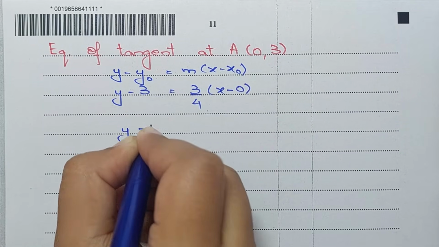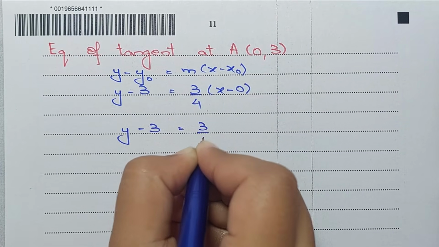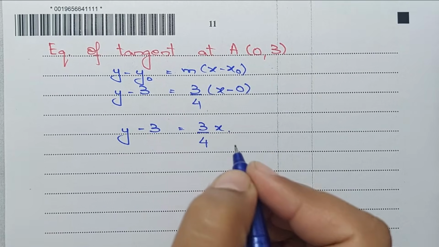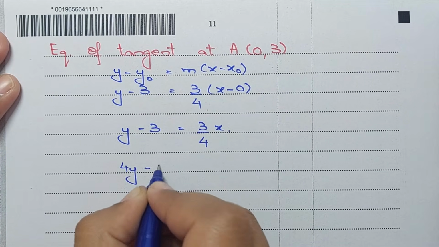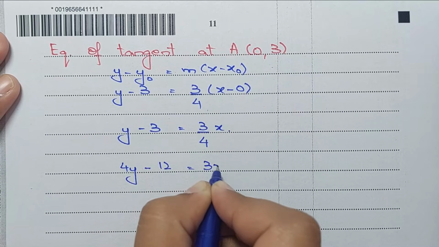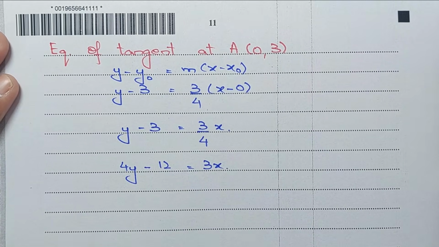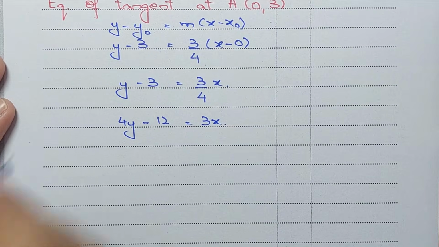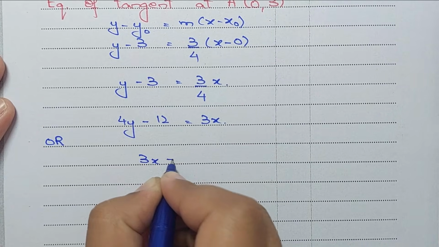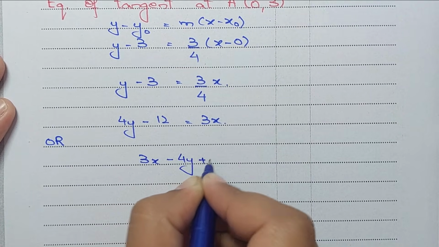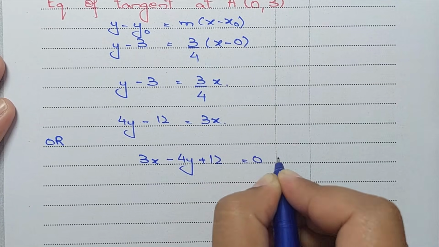This is y minus 3 is equals to 3 over 4x. Or simplify, 4y minus 4 times 3 is 12 equals to 3x. Or we can arrange this as 3x minus 4y plus 12 equals to 0.